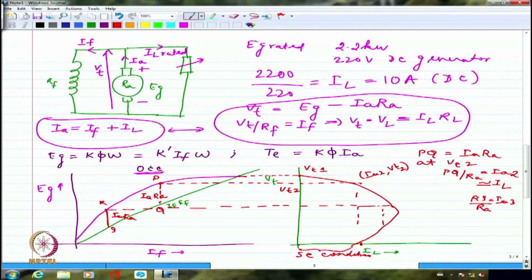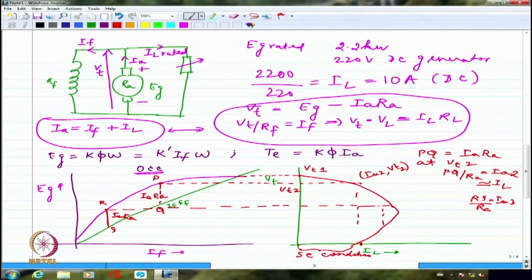Whenever I have a short circuit condition, I can probably end up in that inadvertently, not intentionally, maybe by some chance it has become a short circuit. Despite being under short circuit condition, I am going to have the generator automatically protected against over current. The currents will not be extremely large.